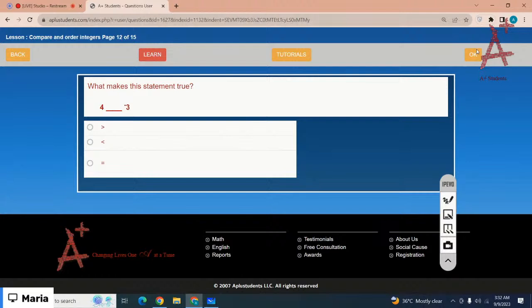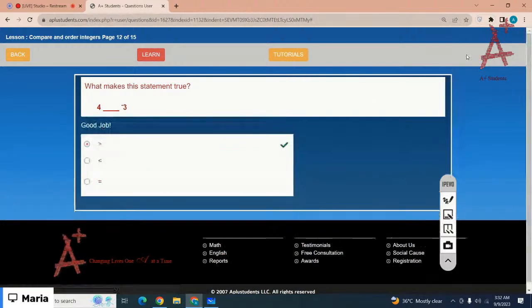What makes the statement true? 4 and negative 3. Yes, 4 is greater than negative 3 because 4 is a positive number. So positive numbers are always greater than negative numbers.